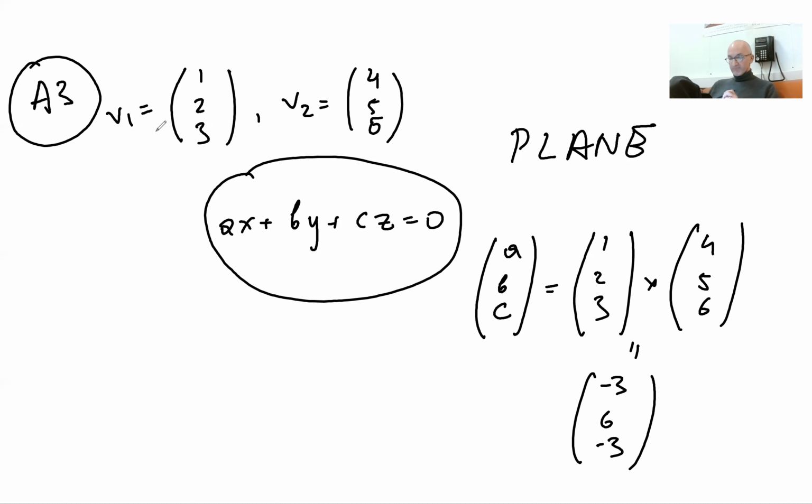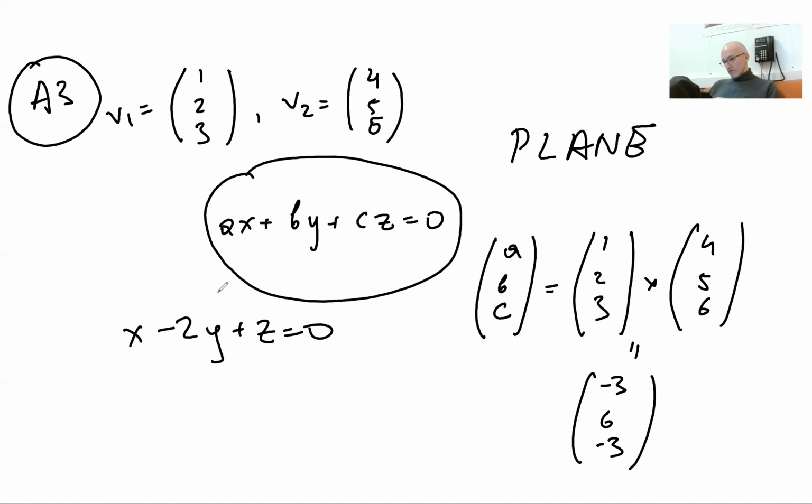So (a, b, c) should be the cross product of these two vectors, maybe up to scaling. We found this; we can divide this vector by -3, and we get the equation of the plane: x - 2y + z = 0.